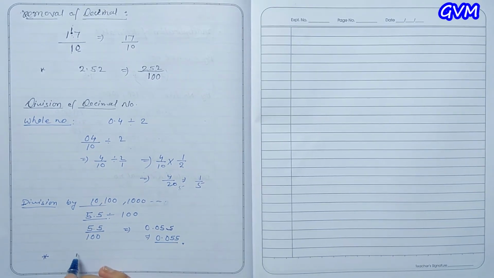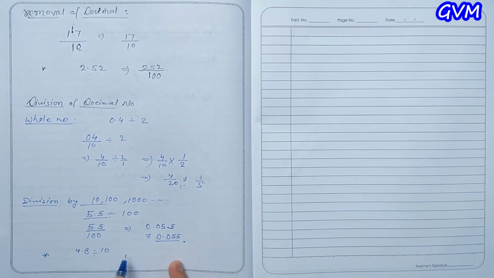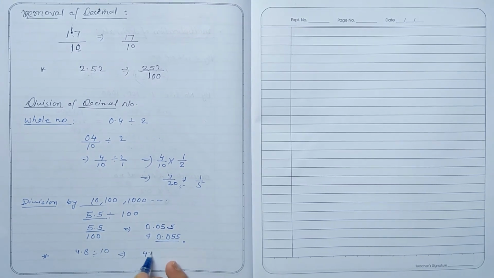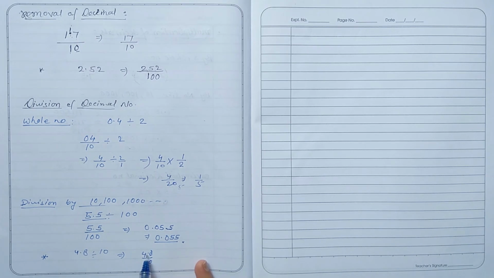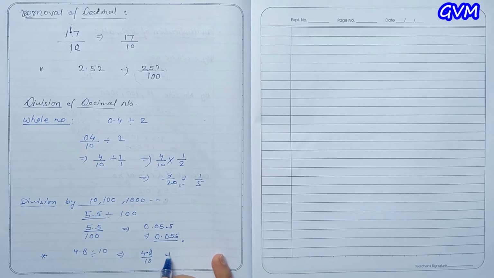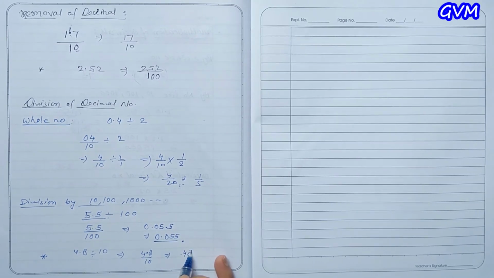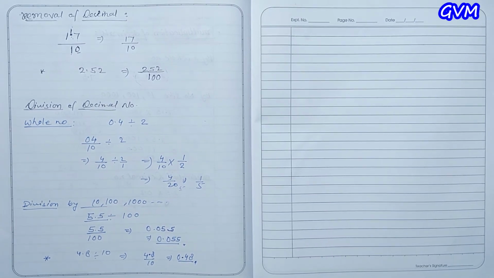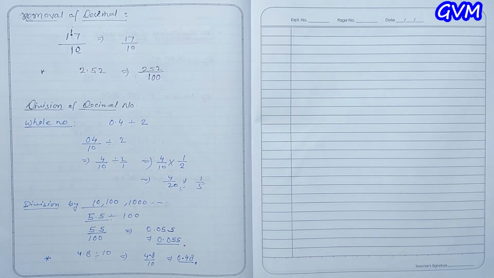Similarly, if I want to take 4.8 and divide it by 10, this will become 4.8 upon 10. This point will shift one place towards the left, so this will become 0.48. Okay, so this is how we divide by 10, 100, 1000.